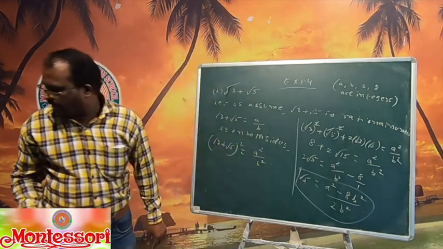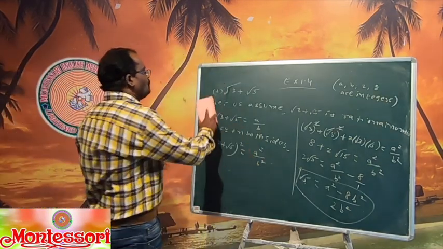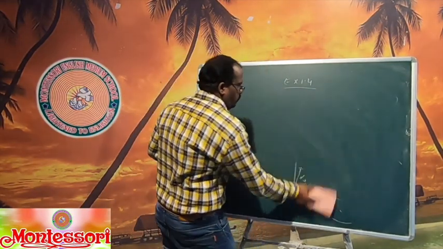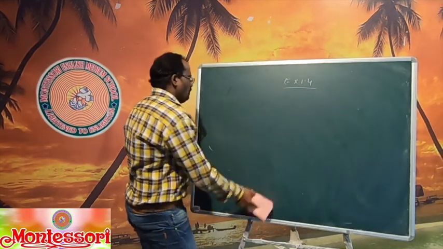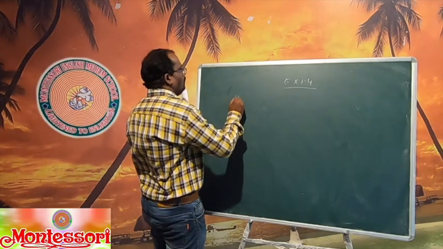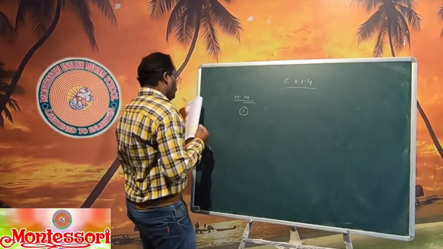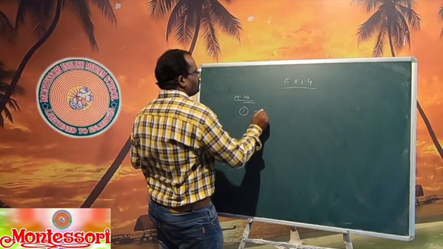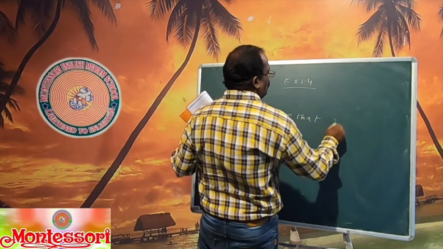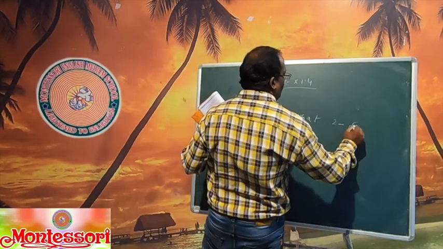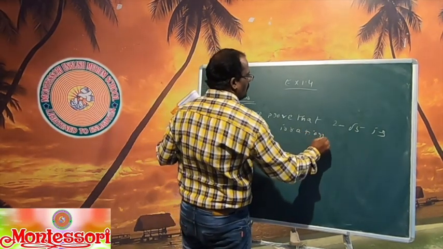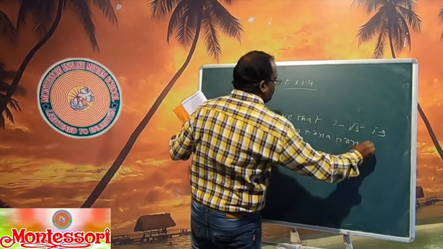Okay? Now you write the homework questions. Now we do homework questions. Question number 1: to prove that 2 minus root 5 is an irrational number.